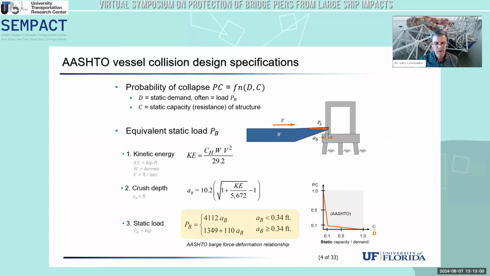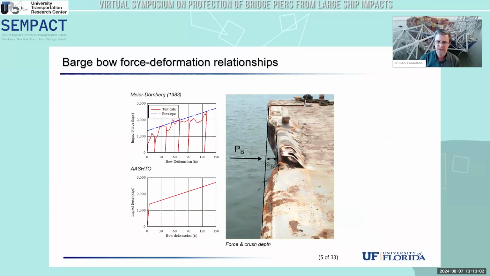All right, so the question that I want to talk about just for a moment with respect to barges is, where does this force deformation relationship come from? Can we improve it? And how can we use an improved version in dynamic analysis? So first of all, just a brief history, the AASHTO crush curve or force deformation curve for barges is based on tests that were conducted in the 1980s by Meyer-Dornberg, where drop hammer tests were conducted on reduced scale barges.